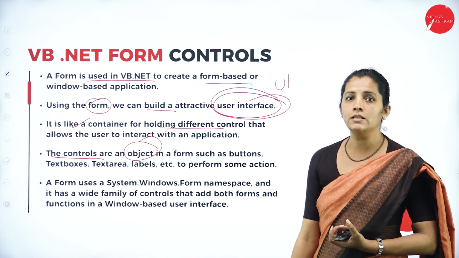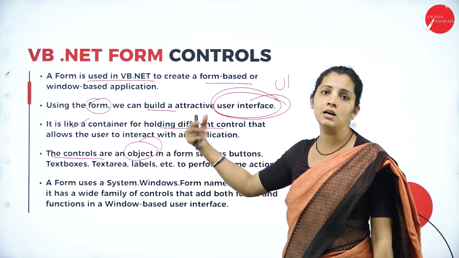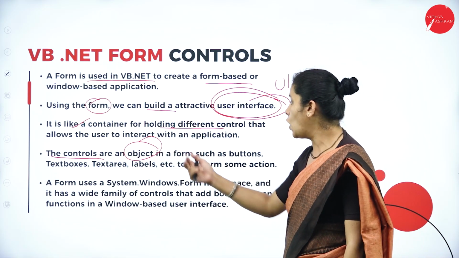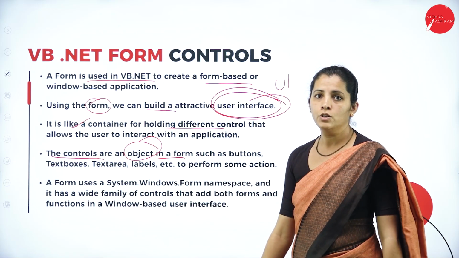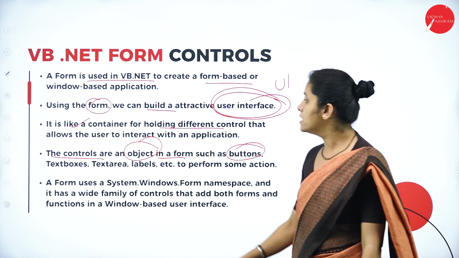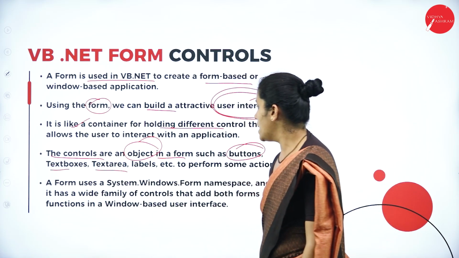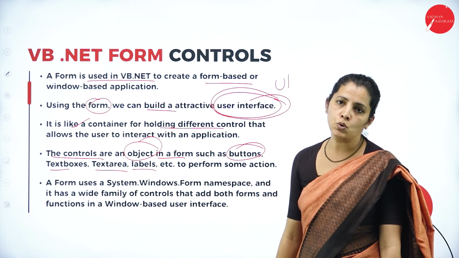VB is also an example for object-oriented programming language. So all the controls are treated as object in the form. So what are the controls I can have here? Either I can have the buttons, even I can have the text boxes, text area, labels, and so on.